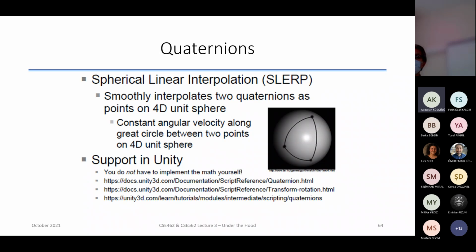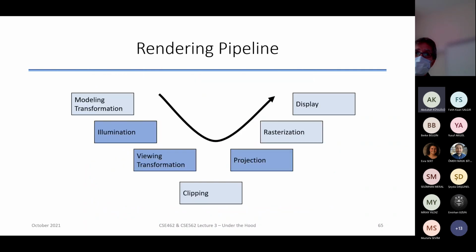And there is a lot of support for quaternion operations in any given graphics system, including Unity. Unity has all these quaternion operations available, so you can use them without re-implementing them yourself.